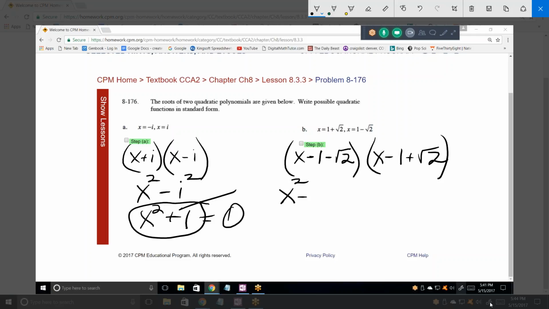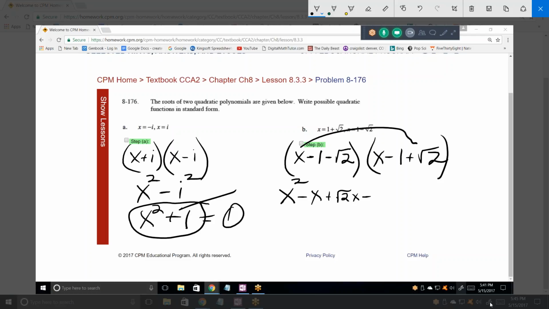Minus x plus x times the square root of 2. Okay. Plus let's put the coefficient in front. So there's the first 3 terms. What are the next 3?